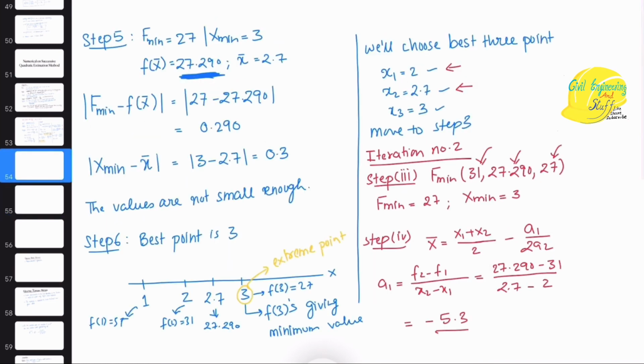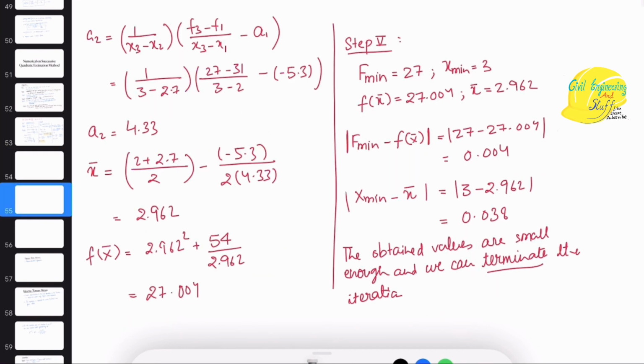So if you observe that we have the following points. What are the points that we have now? Our x1 is 2, x2 is 2.7, x3 is 3, right. Let me just write it down for better understanding. So the points that we have, our x1 is 2, right, x2 is 2.7, x3 is 3, and our x bar that we have calculated here is 2.962.